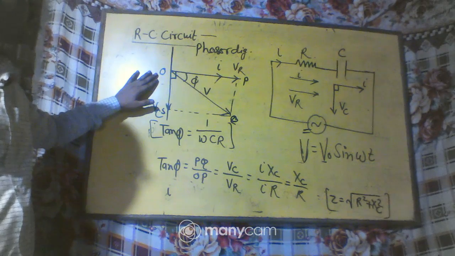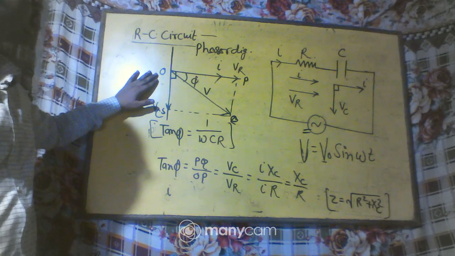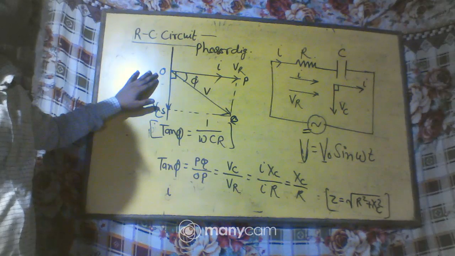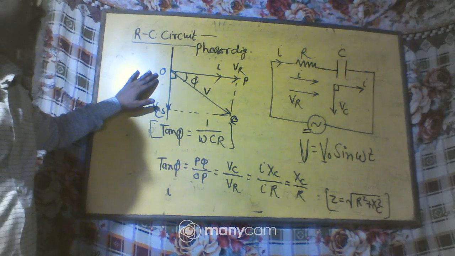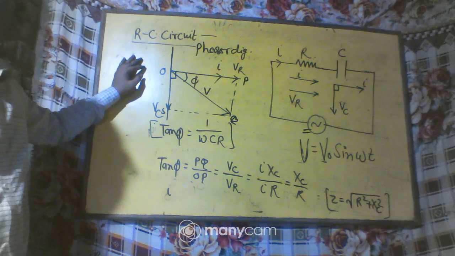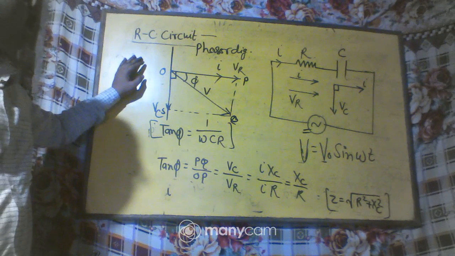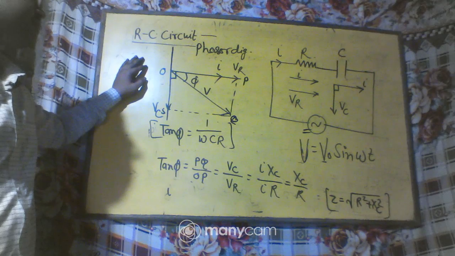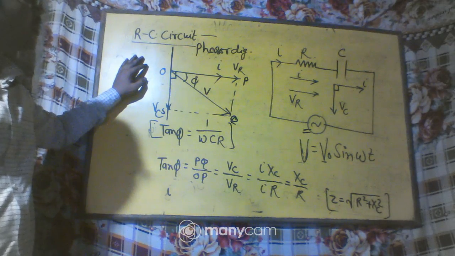Okay, now by using the parallelogram law of vectors, we can find out the net voltage of this circuit, and you will get a right angle triangle OPQ. In this triangle, the hypotenuse represents the effective voltage of this circuit.